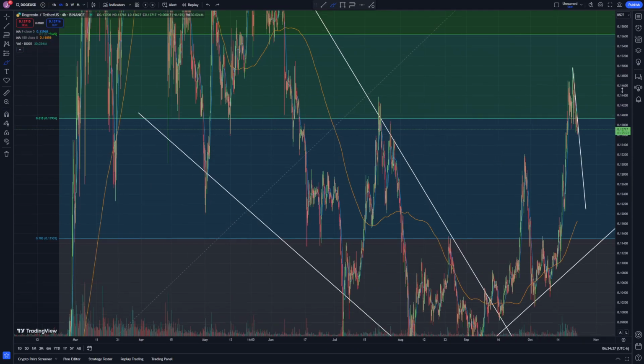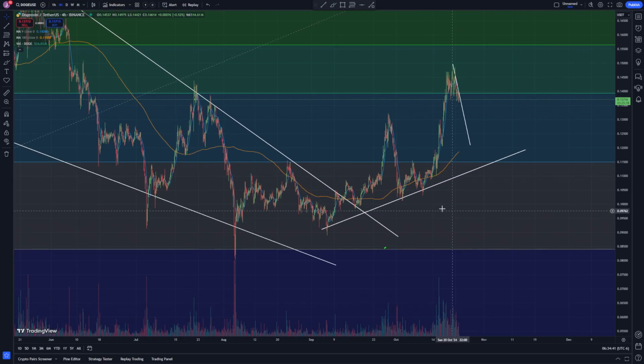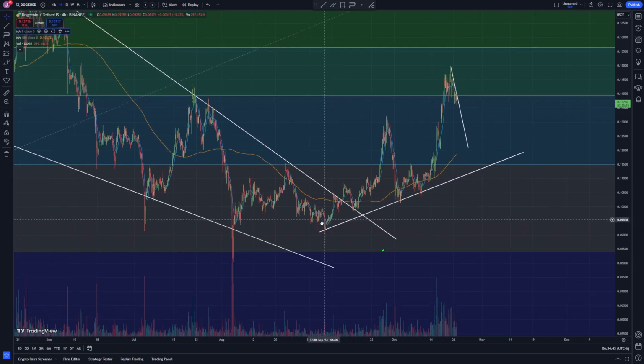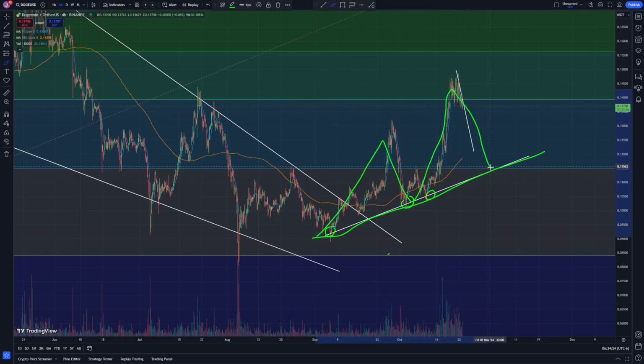If we zoom out though, we're still technically on an uptrend, even if we do break that, because we have support right here, and support right here, giving us this uptrend like this. So we've been kind of on this uptrend as well. It could do something like this. You know what I'm saying?